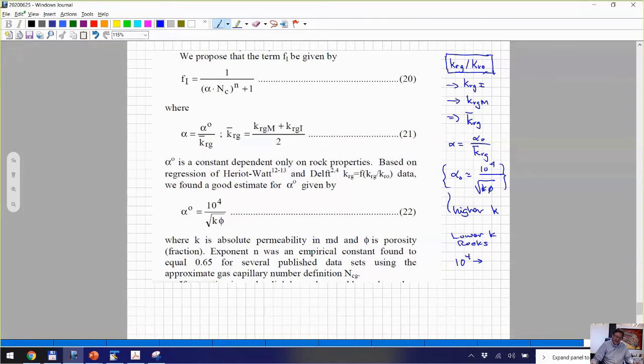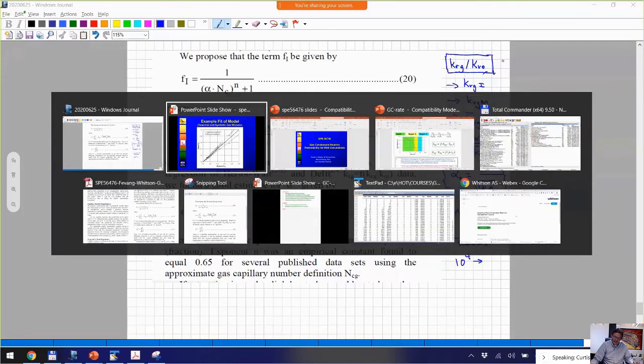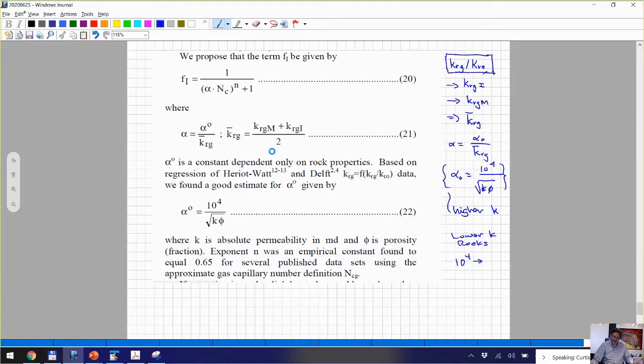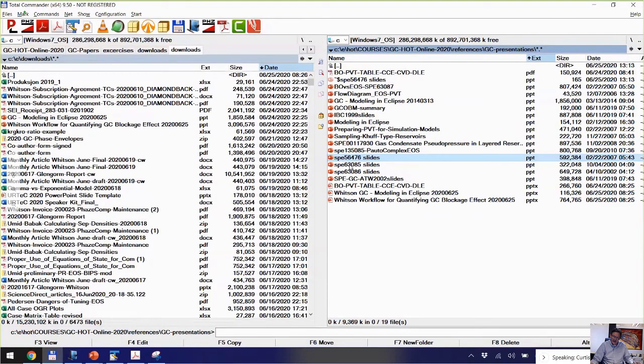Okay, is that in the final paper? Yeah, so we don't have any published data, but after doing all those live experiment measurements in the last 20 years, we found that if we have simply alpha without dividing by KRG average, that gives a better result. But we have not documented that anywhere.